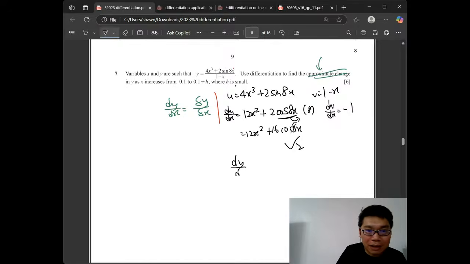Then you find your dy dx. It's this times this. So it becomes minus this times this. So minus times -1 will become plus.